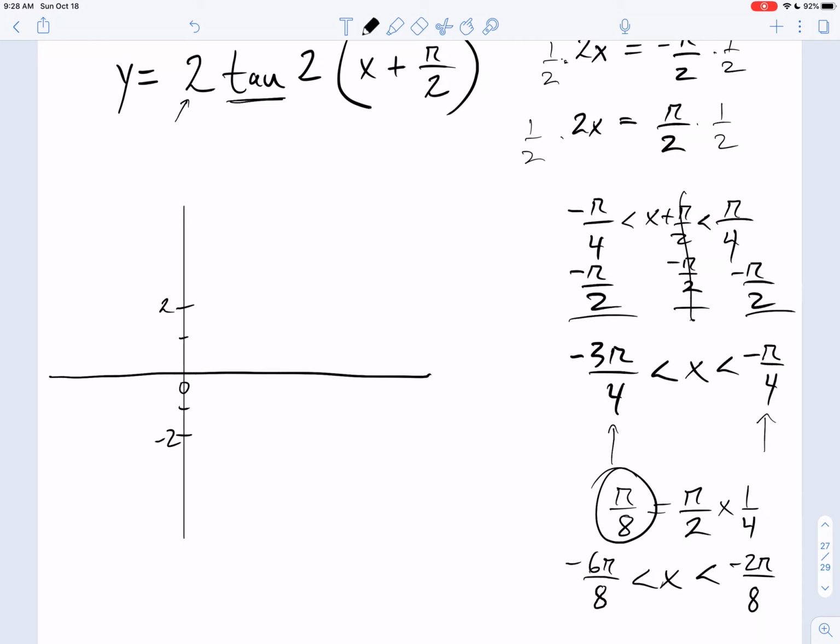But here we go. I've got to count everything off in eighth units. So I'm going to just count backwards. That's negative pi eighths. That's negative 2 pi eighths. So negative 3 pi eighths, negative 4, negative 5, negative 6 pi eighths. That's where I'm going to start. Now, what did I do?